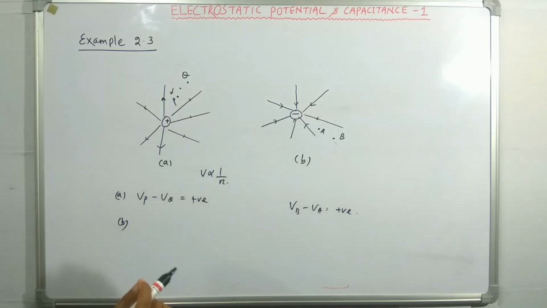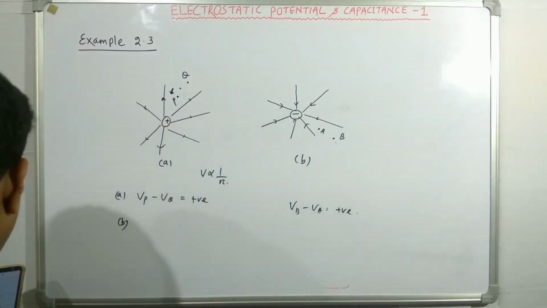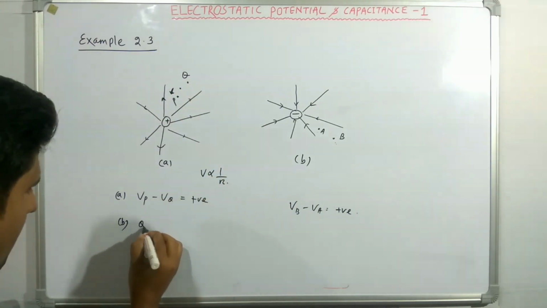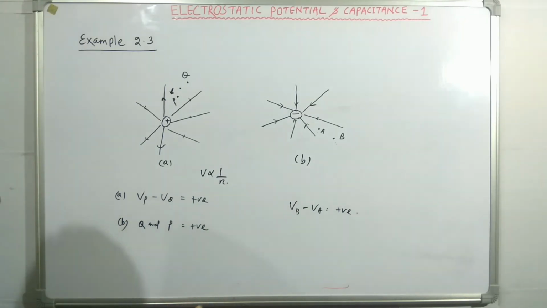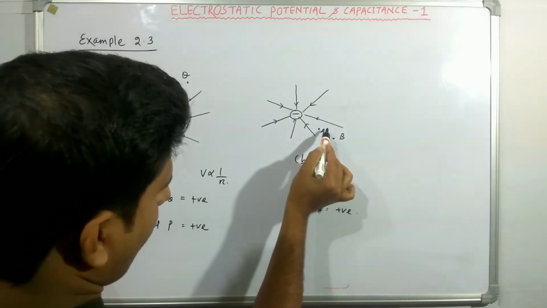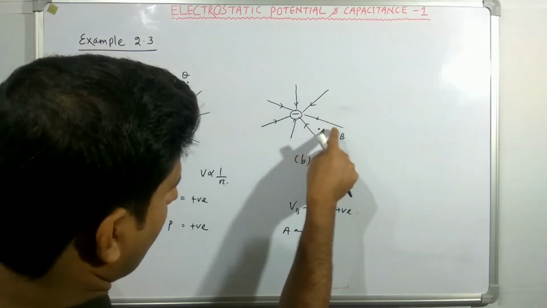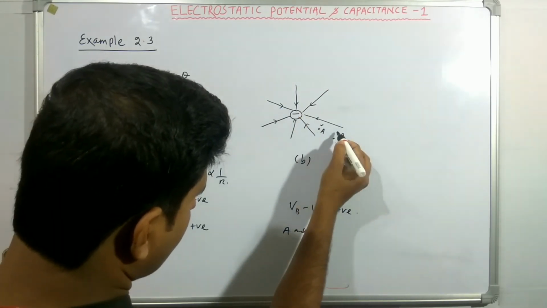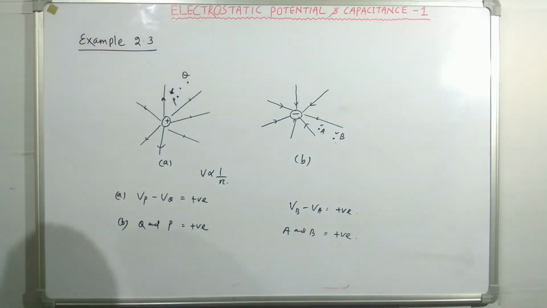We know the negative charge moves from higher potential to lower potential, so the potential energy difference is positive from Q to P. And in A and B, the negative charge moves away from this negative charge, so this is the higher potential and this is the lower potential, so A and B is also positive.